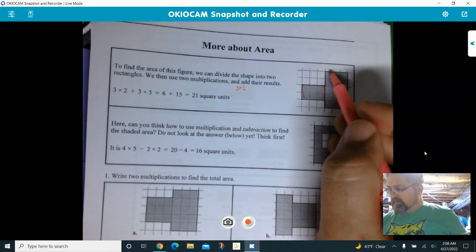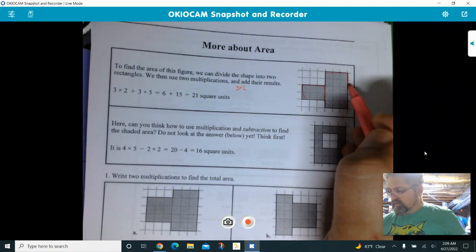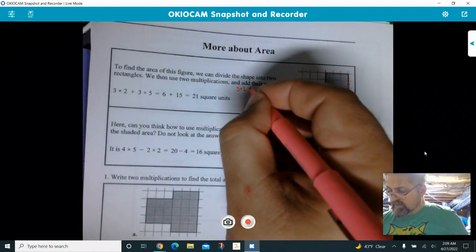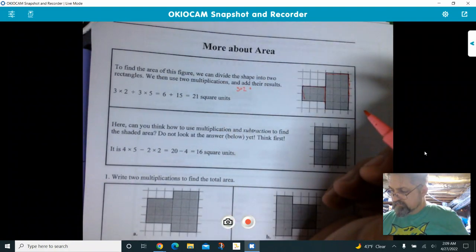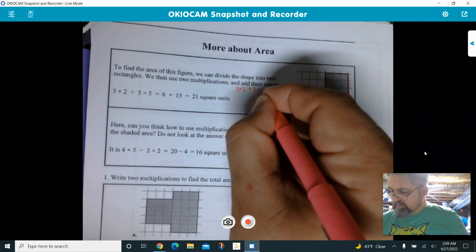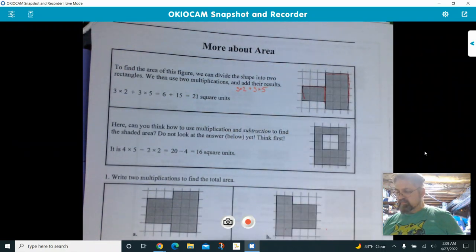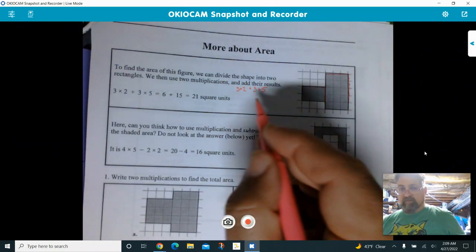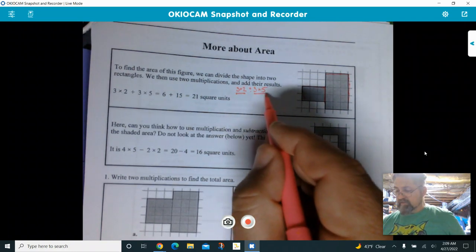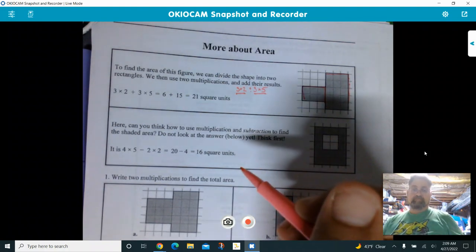And this one has an area of 3 times 5. So you have to figure out this first, then add it to that. So figure out that first, then that, and then add them together.